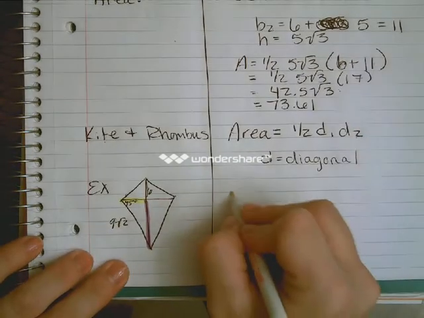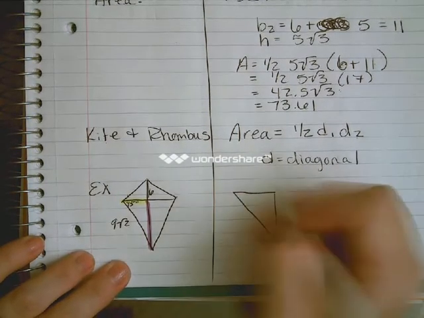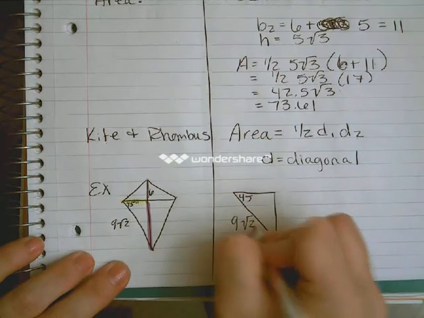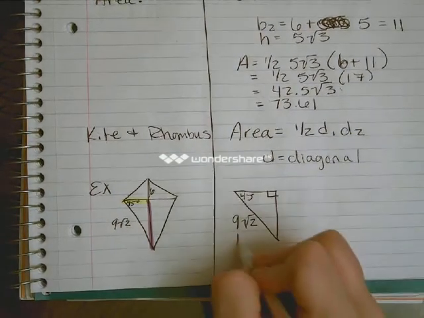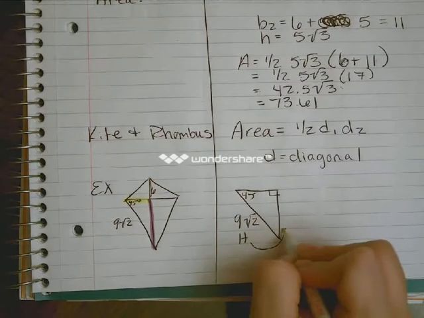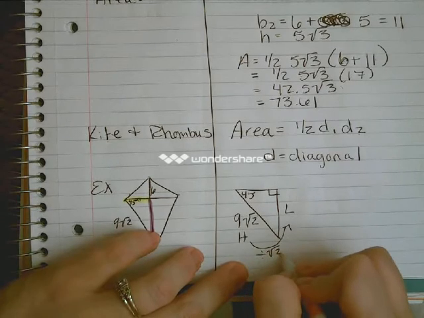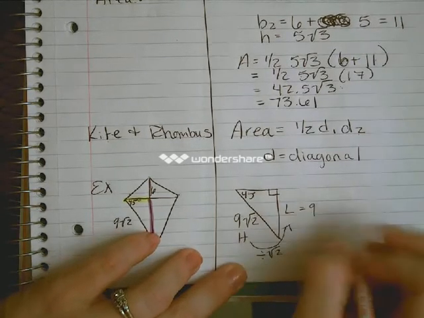This is 45, and this is 9 square root 2. If you remember, in a 45, 45, 90, to get from the hypotenuse to a leg, you just divide by square root 2. So 9 square root 2 divided by square root 2 just gives you 9. Because this is a 45, 45, 90, this one is also 9.